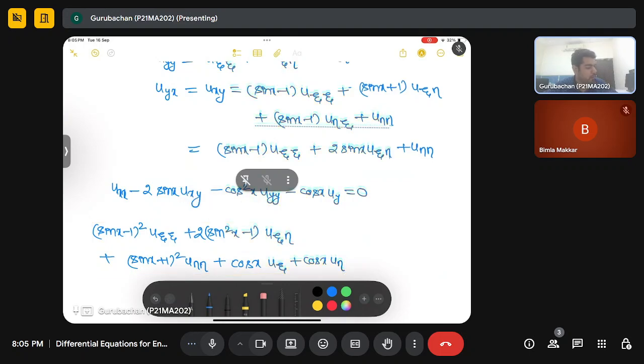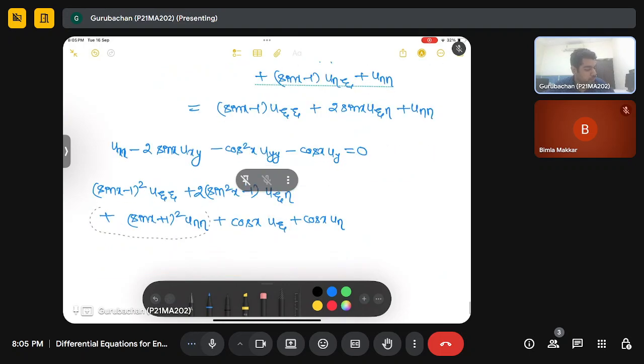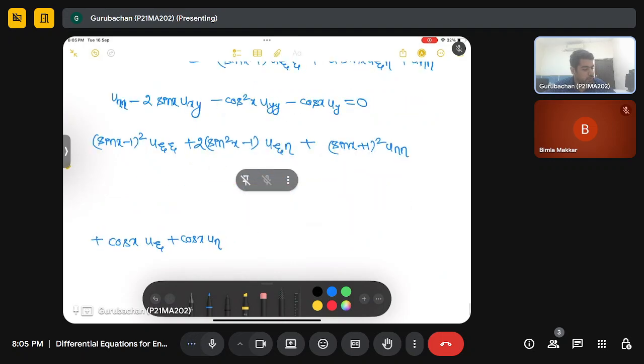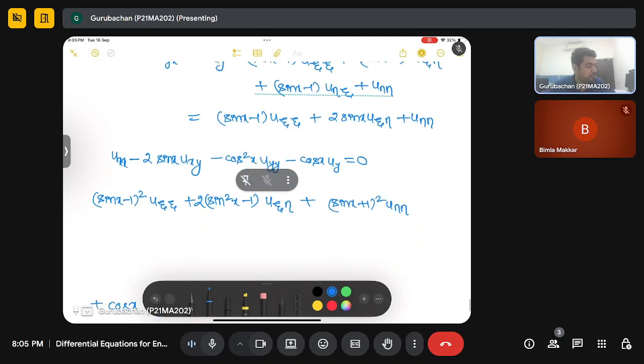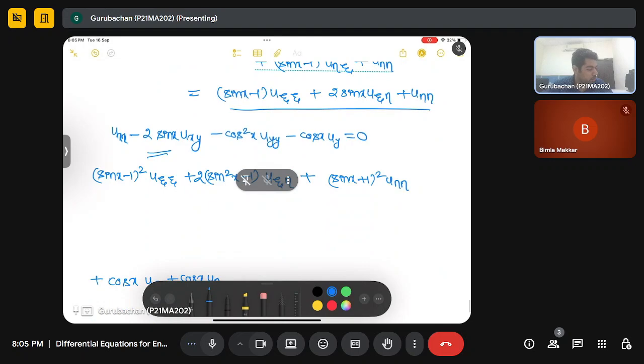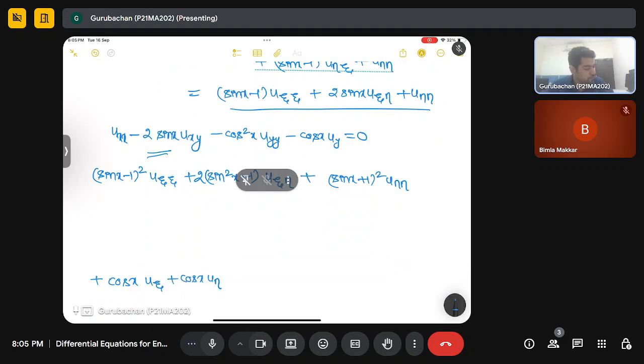So what we can do, we can combine these terms in this way, and this last term we may put in the end to combine with uy. Okay, now the next term is uxy. So uxy is written here, and this has to be multiplied with 2 sin x.